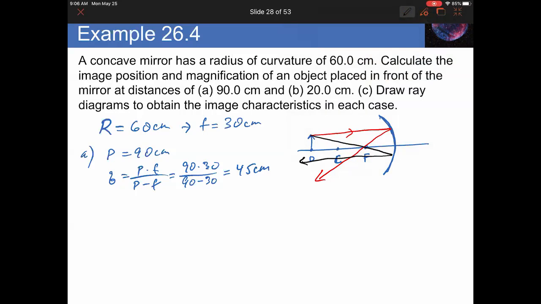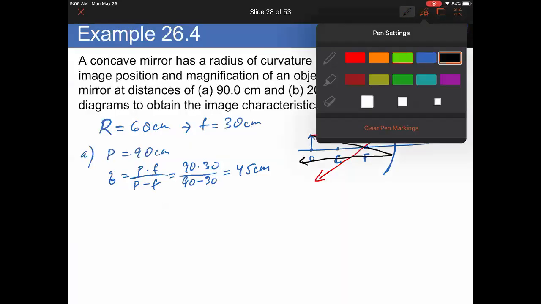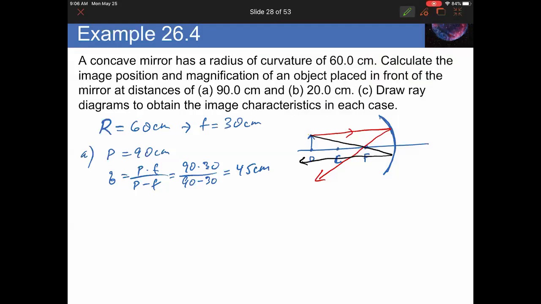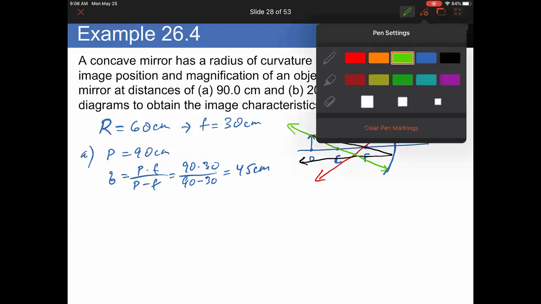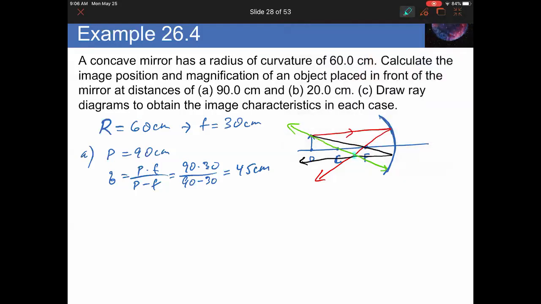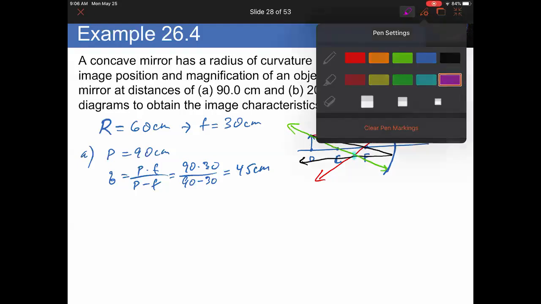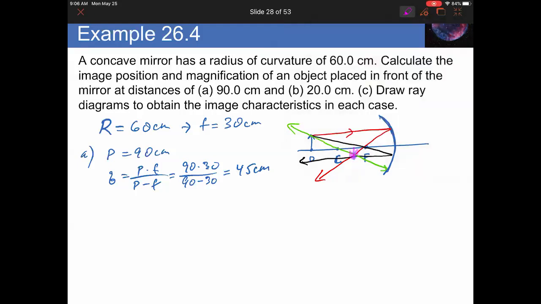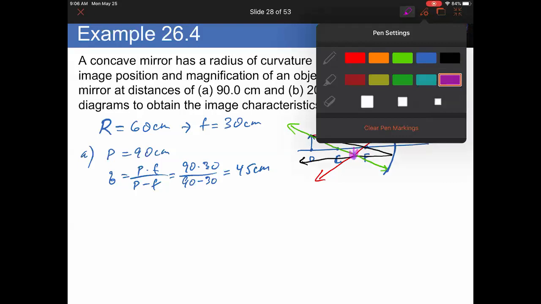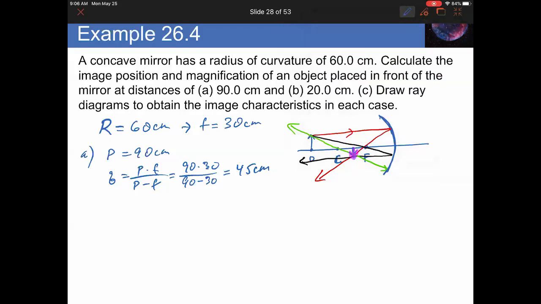And the third one goes through this C point, and it reflects back along the same path. Then you can see the point where they converge, and that's going to be my image. So that's where my image will be formed, right there. It's going to be smaller, inverted, and it's a real image.